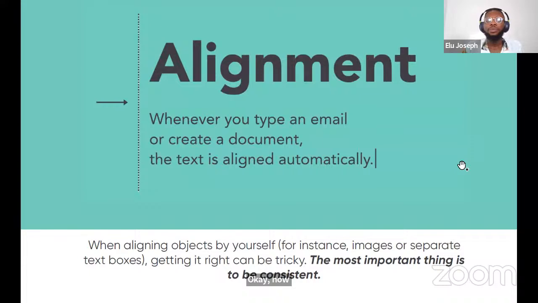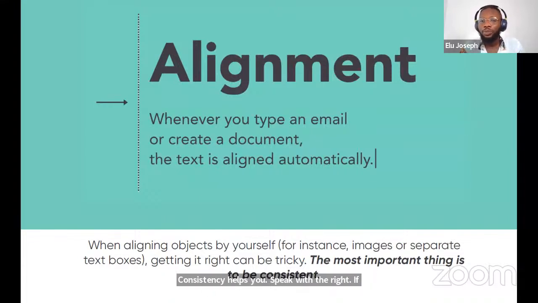Now, when aligning objects by yourself, for instance your image or text boxes, it is best, like I said, to be consistent. Consistency helps you to stick with the right alignments.